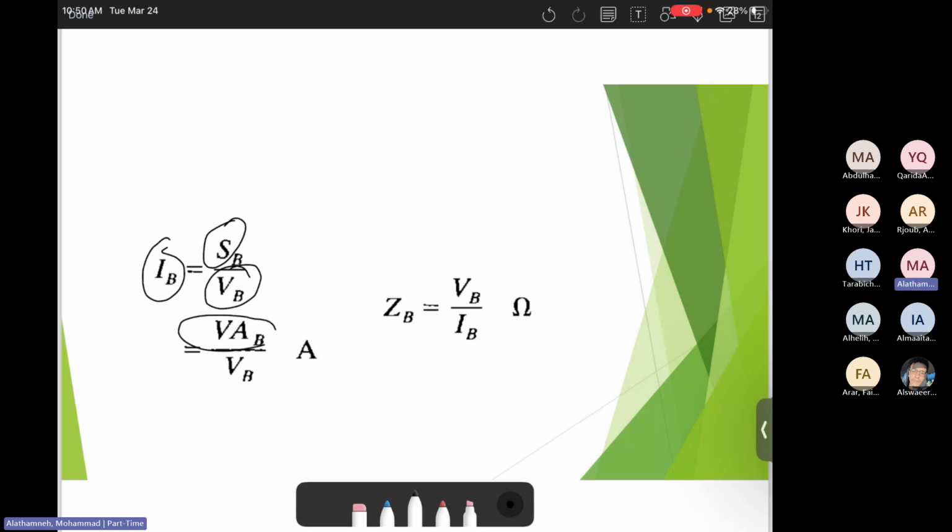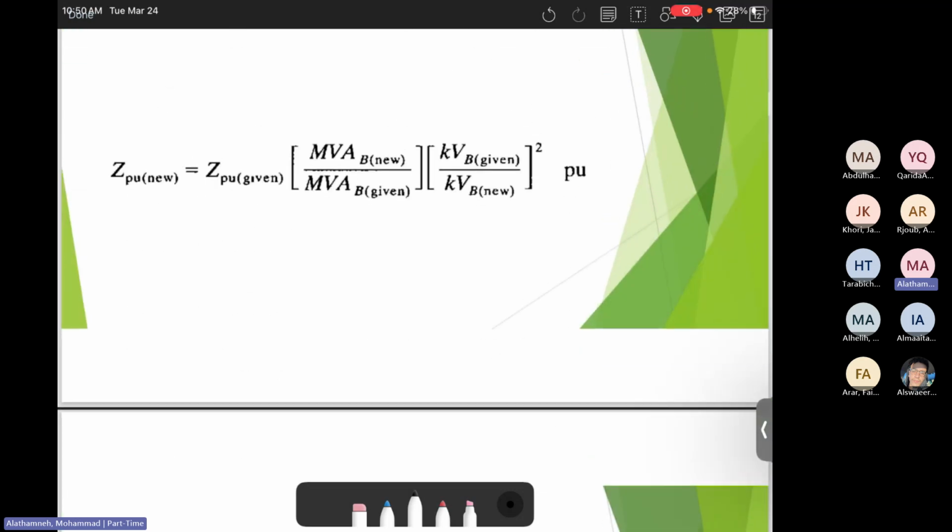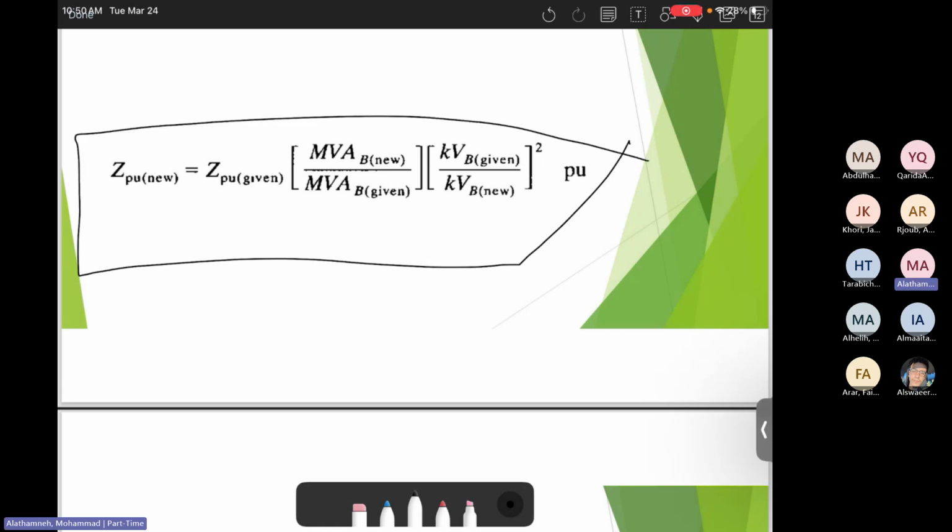S base used to be given as volt ampere base, and when we have the V base, which is the voltage that we need to calculate for the per units, the Z base equals V base divided by I base. Keep in mind to be familiar with these equations. Then the thing here that maybe you need to think about, the per unit new is different than the per unit given because it depends on the different levels or references.